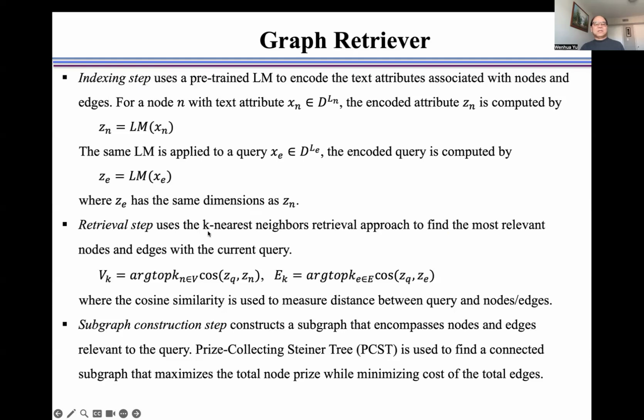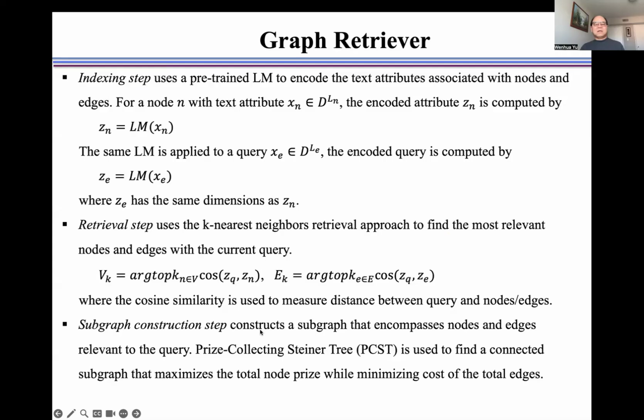The retrieval step uses a k-nearest neighbors retrieval approach to find the most relevant nodes and edges with the current query through these two equations, whereas the cosine similarity is used to measure the distance between the query and nodes or edges.